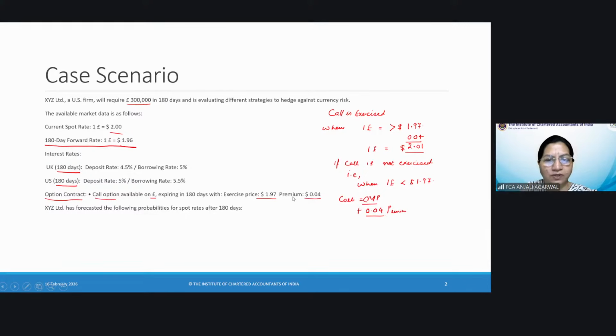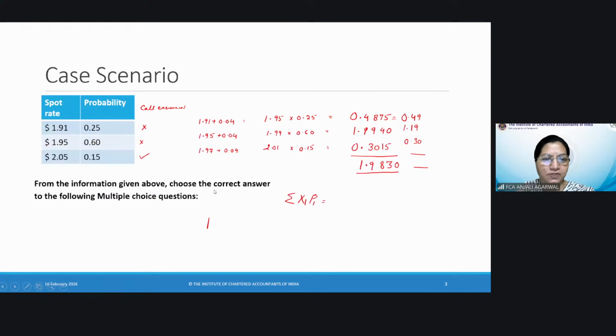But if you use your own funds to pay the premium, you can use the opportunity cost of deposit rate 5%. They will give you a slightly different answer. Right. So 300,000 into 0.04, your initial premium would be $12,000. So you can also take a cost of interest on $12,000 at 5% as opportunity cost.